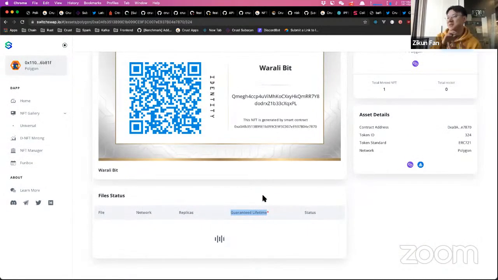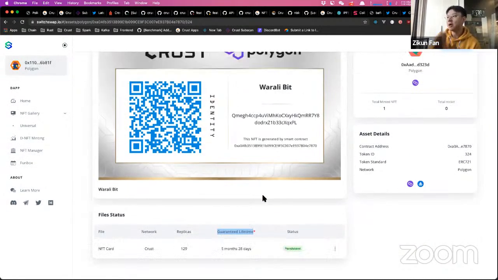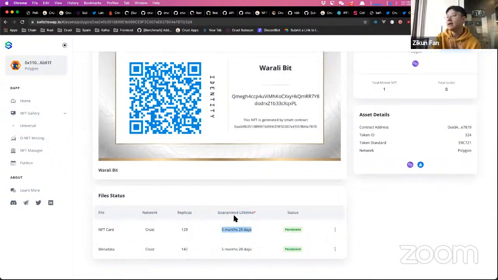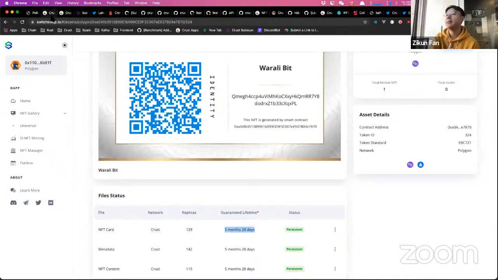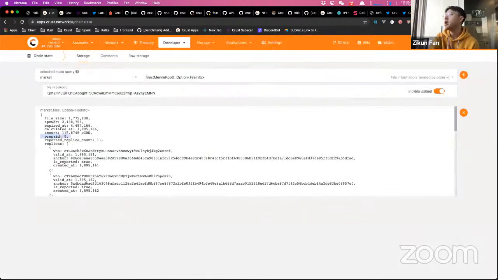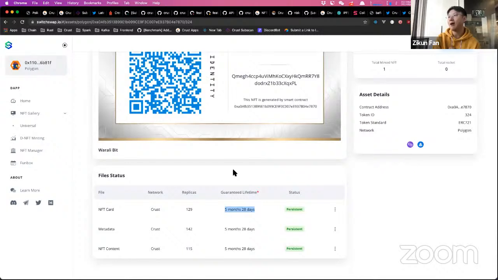It is calculated by this prepaid database on chain. If you put 0, your storage order can last 6 months, half a year. During this half year, your file is promised on the Crust chain. But if you want your file stored longer, you can add your money here.